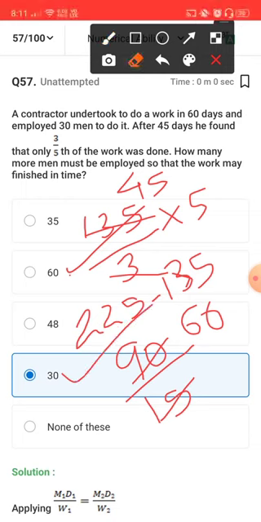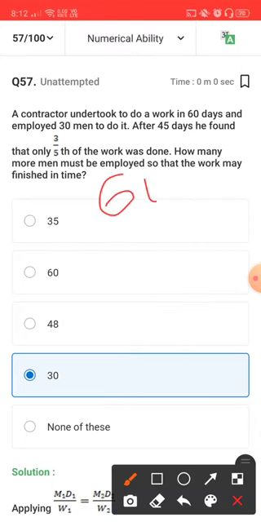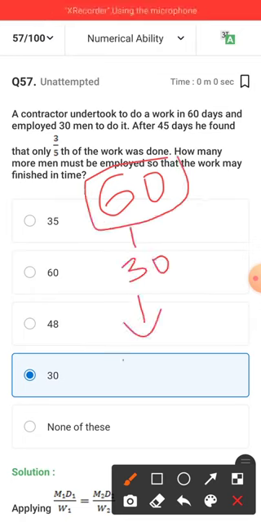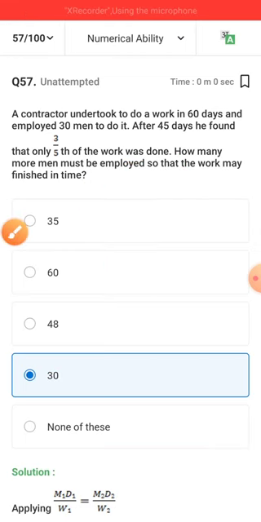They are entirely wrong. How many more men have to be employed? We know we get 60, that is the total number. We already have 30, so the remaining is 30. So the answer is 30. Okay, I think you got it.